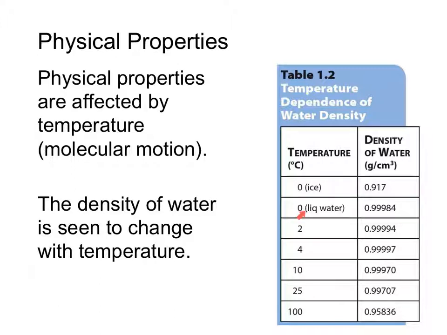If we have still a temperature of 0 degrees C, but now in the liquid phase as opposed to solid, our density increases. If we go all the way up to 100 degrees C, we have a density of about 0.96. This might seem like small differences, however, it's important to note that it is a difference. Different temperatures of water will have different densities.